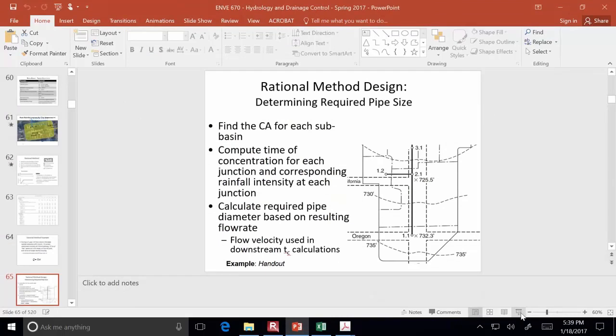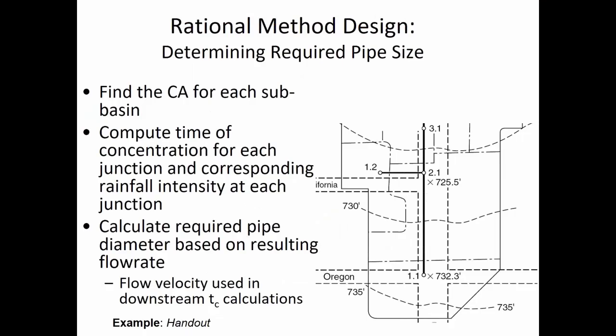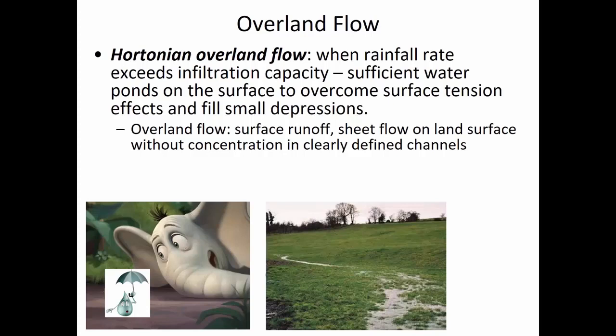Now, we were given the overland flow times in the example, but what we're talking about is called Hortonian overland flow. What happens is if the precipitation rate is greater than the soil's capacity to absorb water, then there will be a rainfall excess, if the rainfall rate exceeds the infiltration capacity.